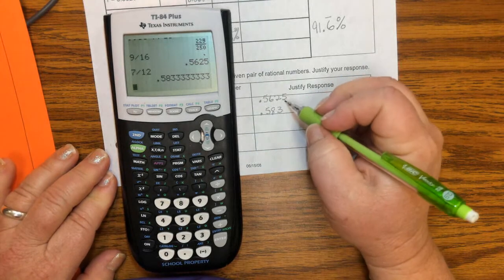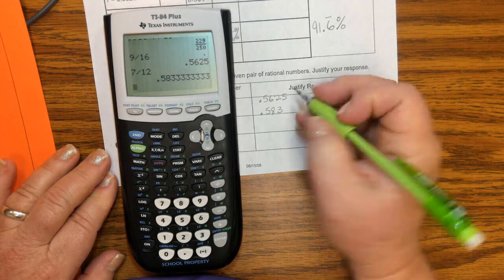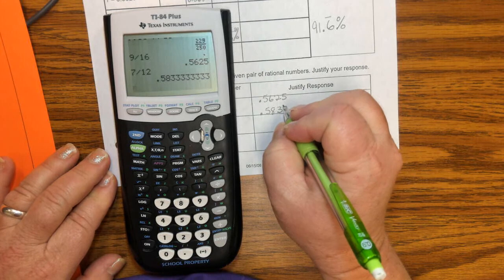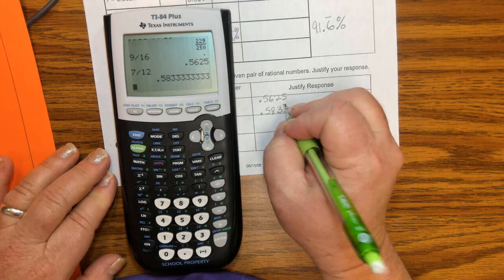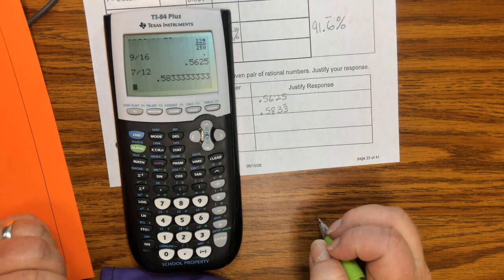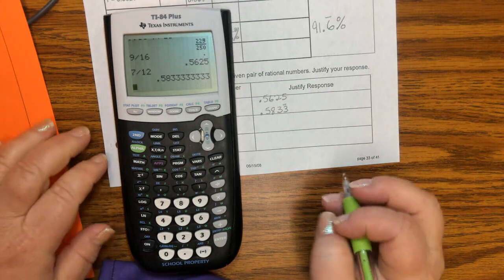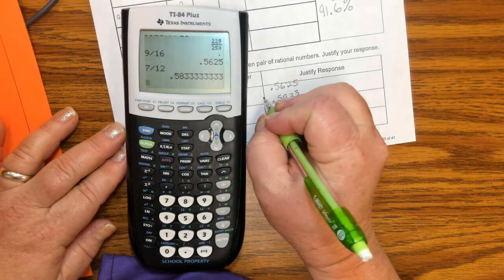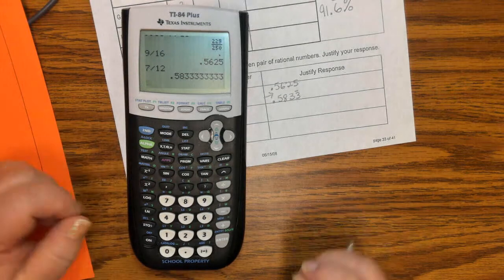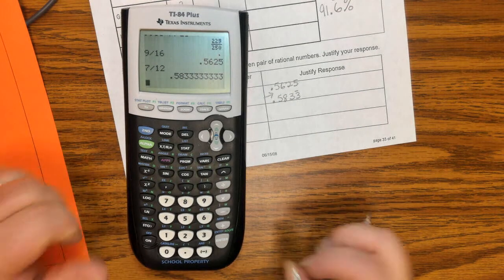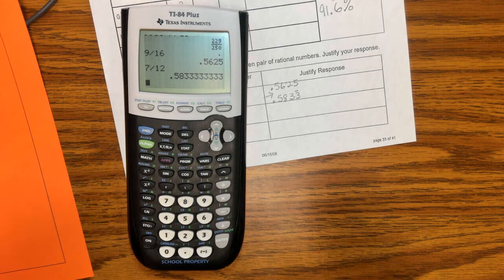And only because I'm comparing, I'll probably take it out 4 places. I wouldn't normally, but that 3 is repeating, correct? Okay? So what I'm looking for is something, and everybody could have a different answer that would fit between those 2 decimals. It is unlimited, the number of answers you could have.